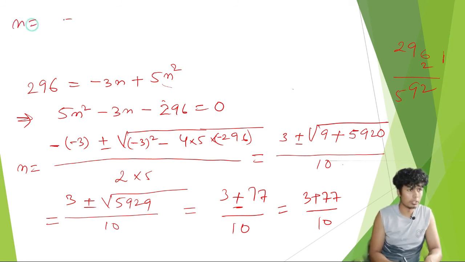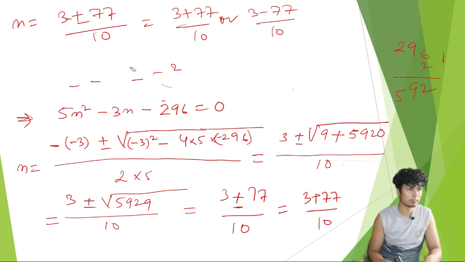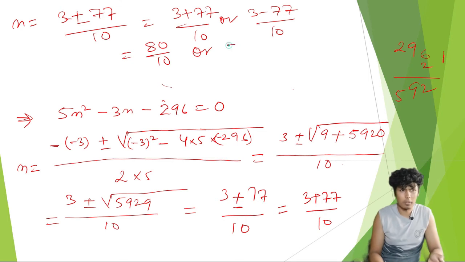So n will be equal to 3 plus minus 77 divided by 10, which is 3 plus 77 by 10 or 3 minus 77 by 10. 3 plus 77 is 80 divided by 10, or 3 minus 77 is minus 74 divided by 10. Okay, so this is 8, or this is minus 7.4.